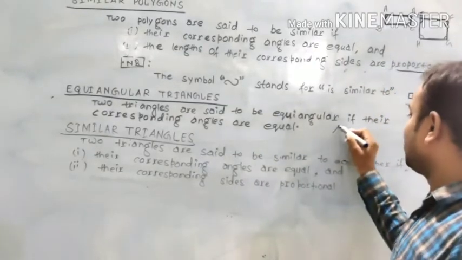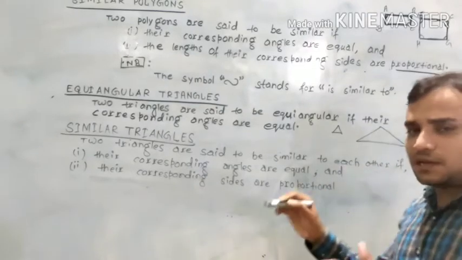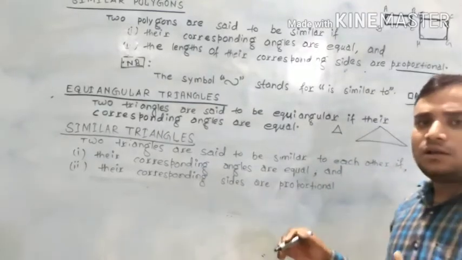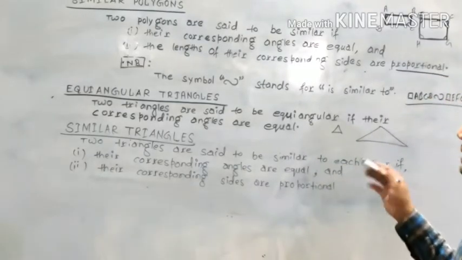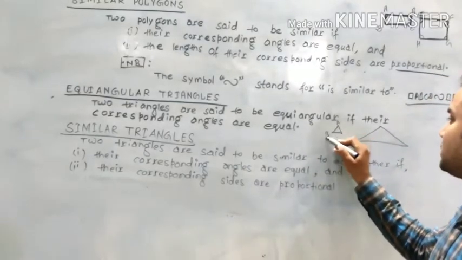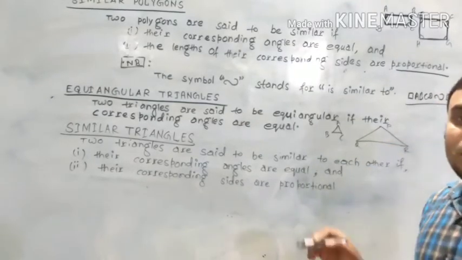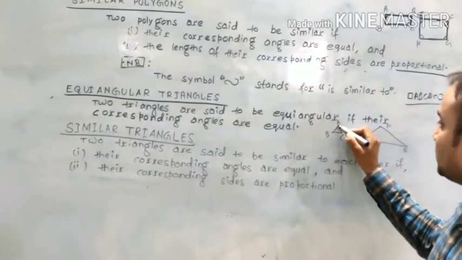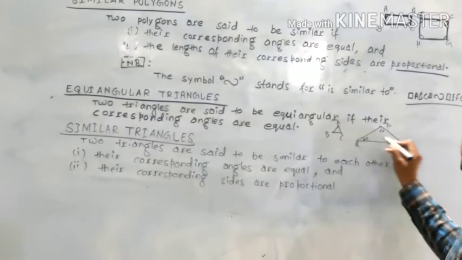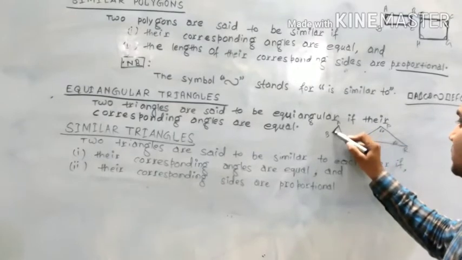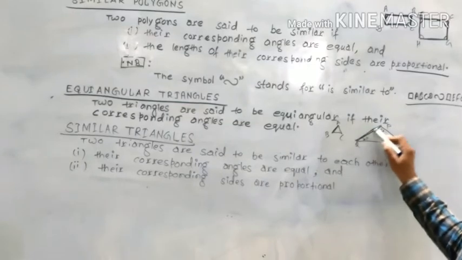That means in equilateral triangles, if their shapes are equal but their sides are not equal, then ABC and PQ are equilateral triangles having all angles equal, 60 degrees, 60 degrees and 60 degrees, but the length of AB does not equal PQ.